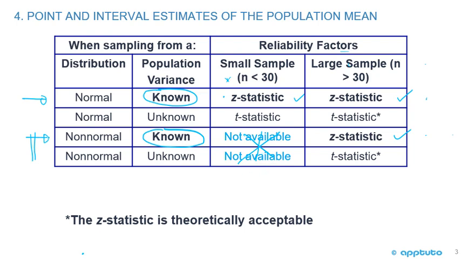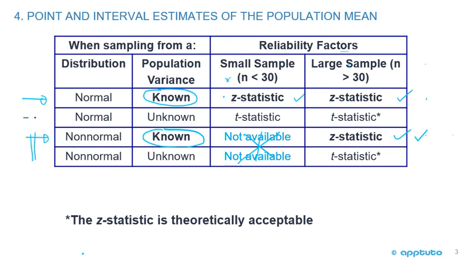But if the distribution is non-normal and you know the population variance and the sample size is large, then you can use the z-statistic. Again, you're using the z-statistic only when the population variance is known. Let's look now at when we can use the t-statistic.